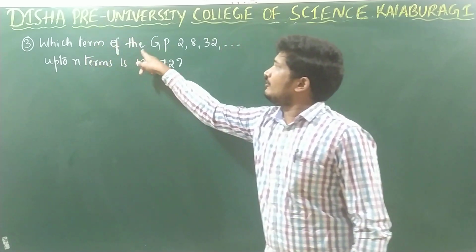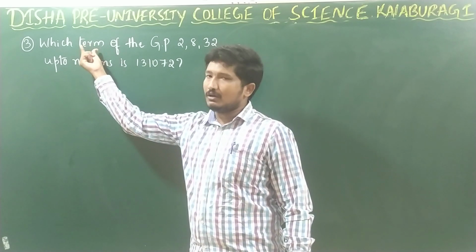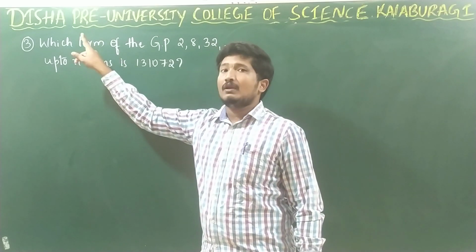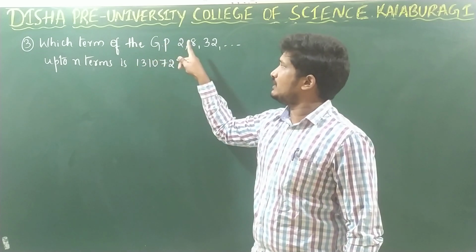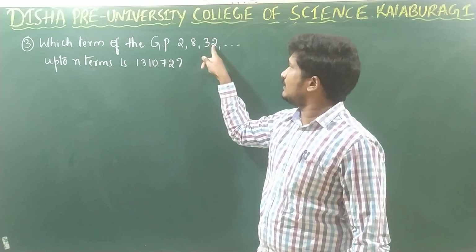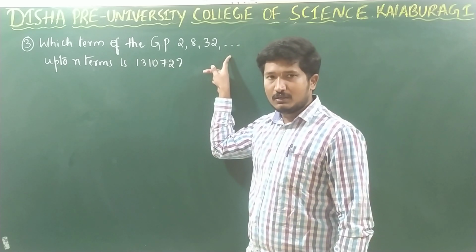Which term of the geometric progression, concentrate on the word, which term of the geometric progression 2, 8, 32 and so on, this is a geometric progression. Why?